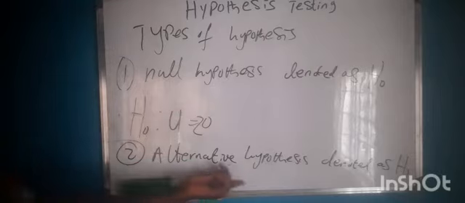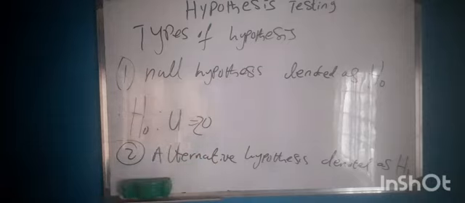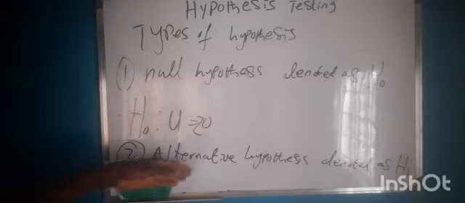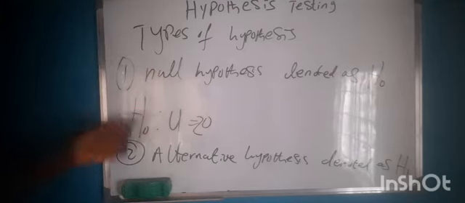This one normally contradicts the null hypothesis. It states that there is a difference in the claim. Now it is left for you to perform your analysis to know whether to accept the H naught or to reject the H naught.